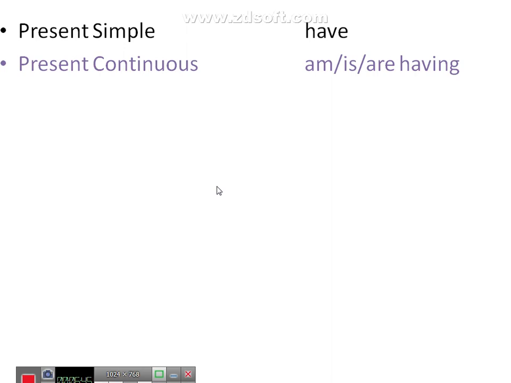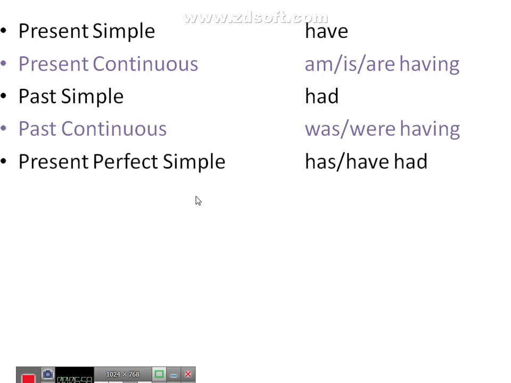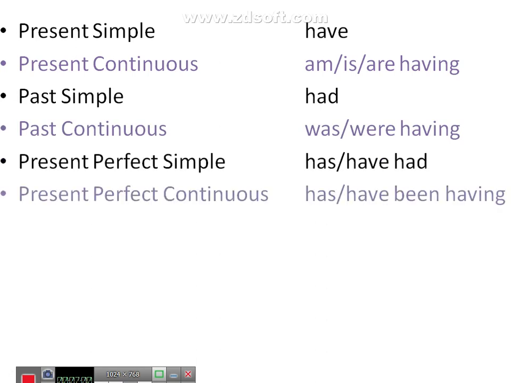The forms of have in different tenses. Present simple, we use have. Present continuous, we use am, is, or are plus having. Past simple, we use had. Past continuous, we use was or were plus having. Present perfect simple, we use has or have plus had. Present perfect continuous, has or have been having.